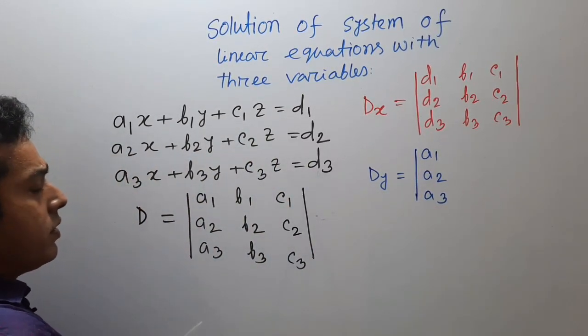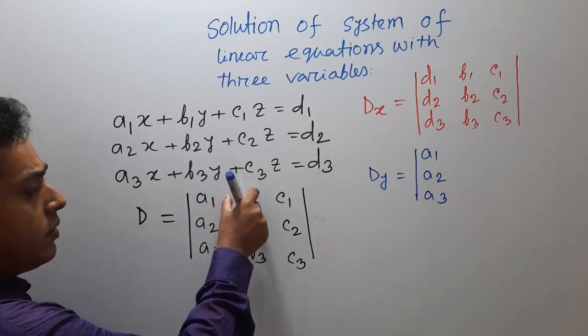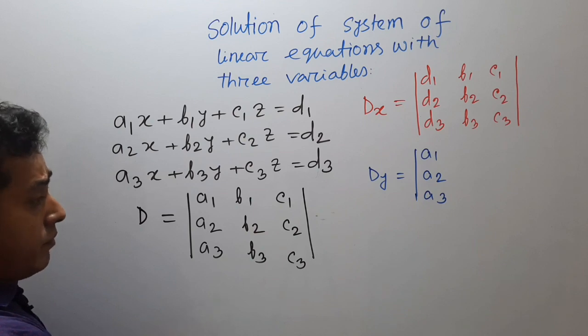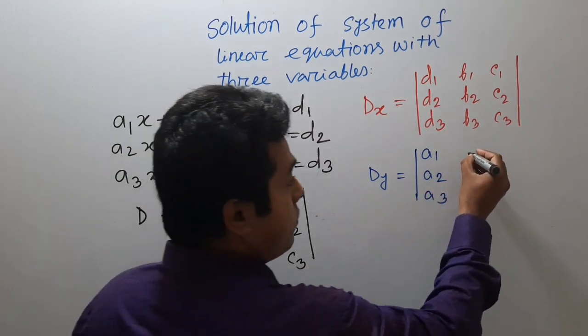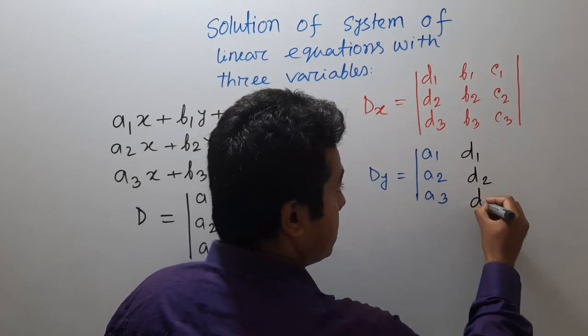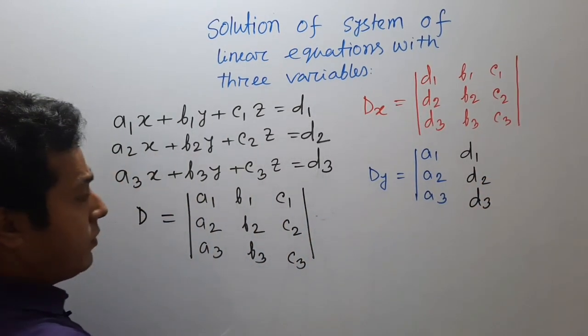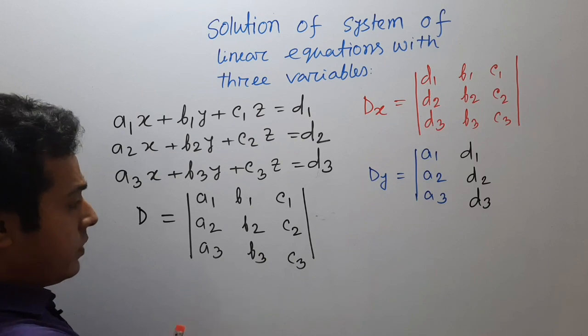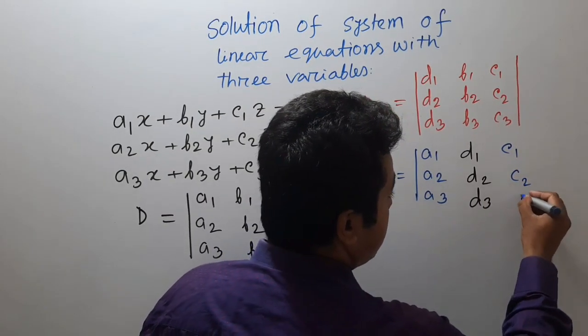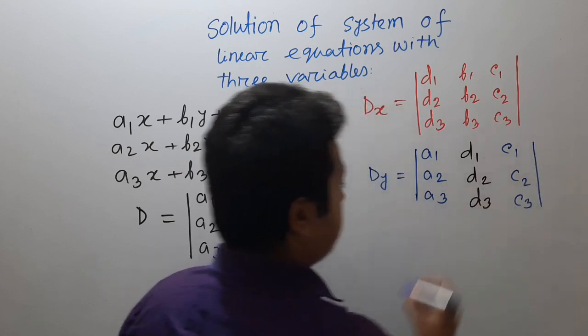Okay, so the second column is changed by the constant terms, d1, d2, d3, and the other terms will not be changed, which are c1, c2, and c3.